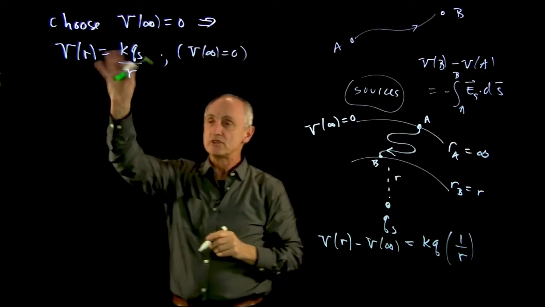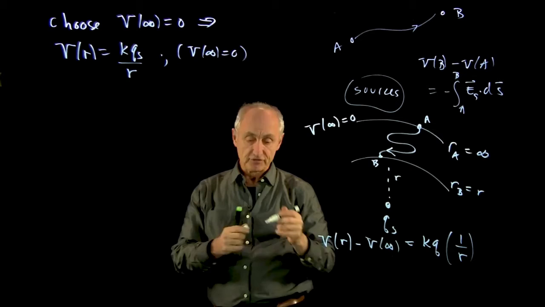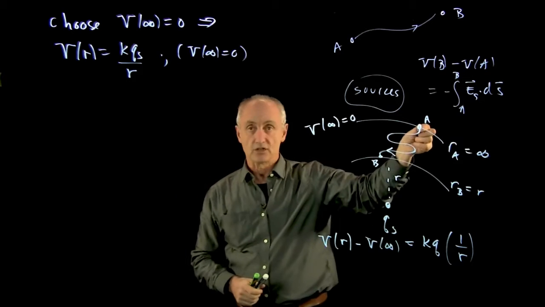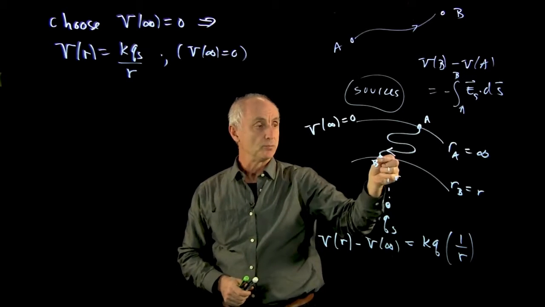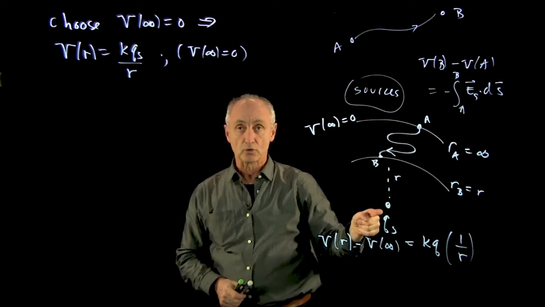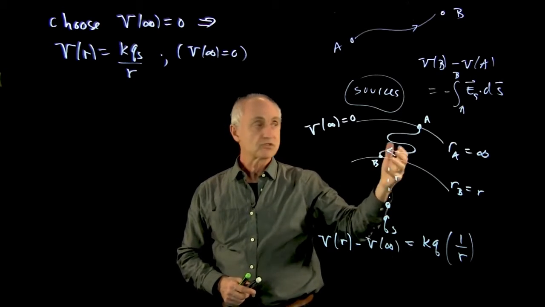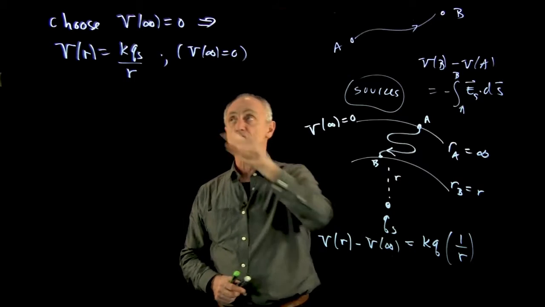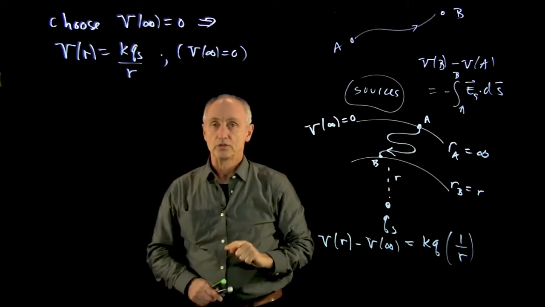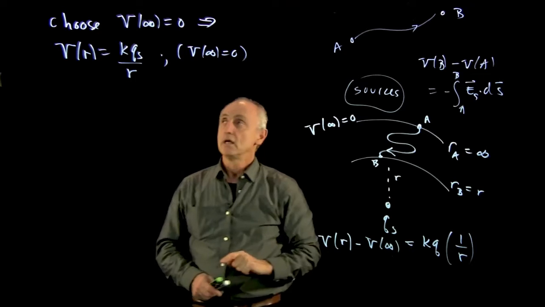And again, when you see this function, it has a very physical meaning. If you take a test charge at infinity, you bring it to a distance r away from the source, you calculate using Coulomb's law the work done, with a minus sign, and you divide by the test charge. It's precisely what this quantity is.